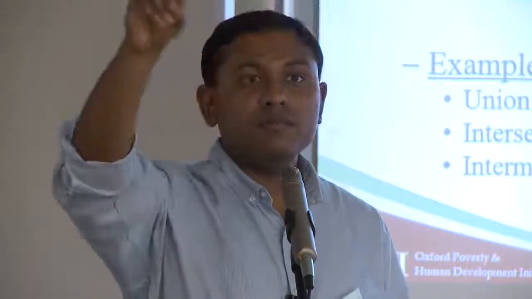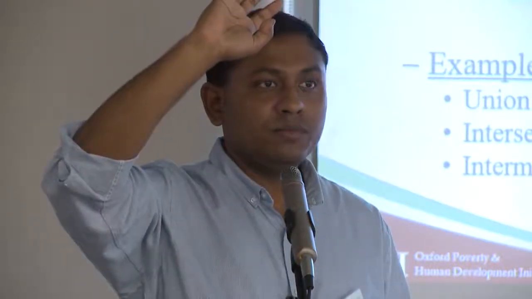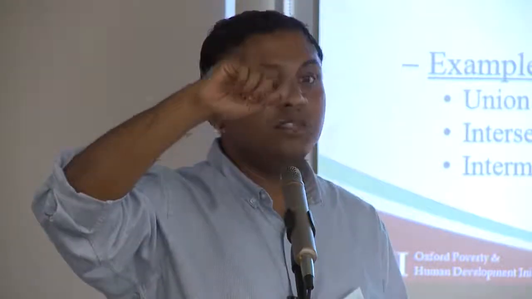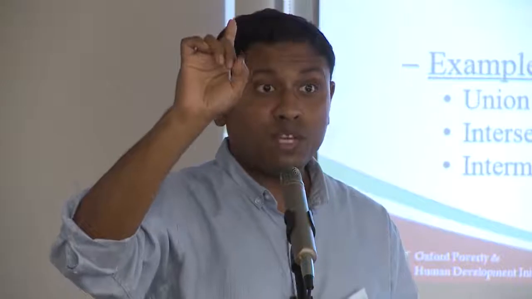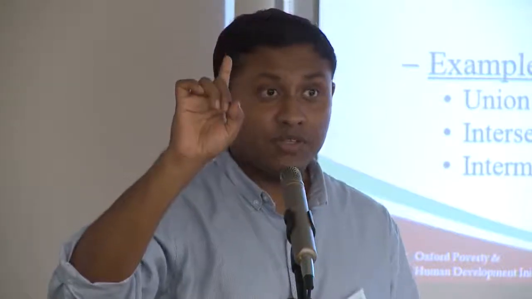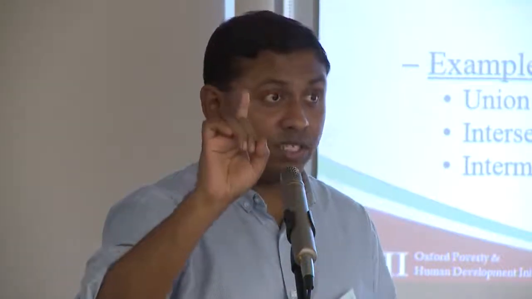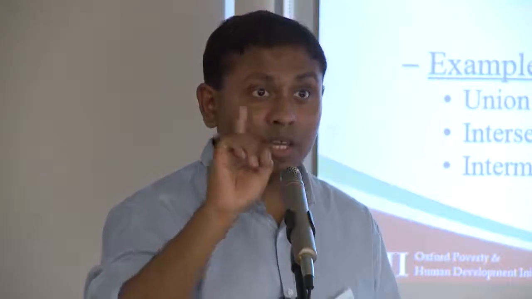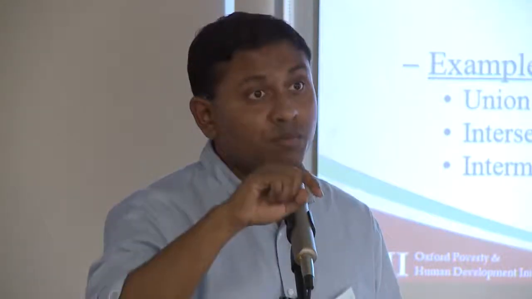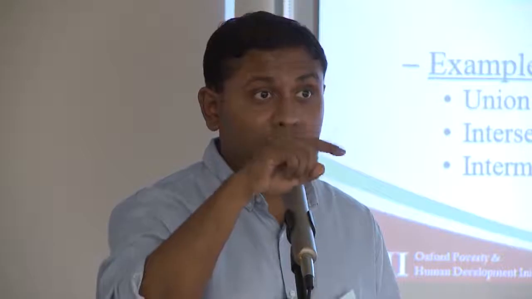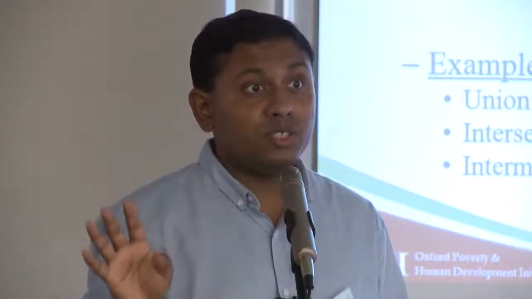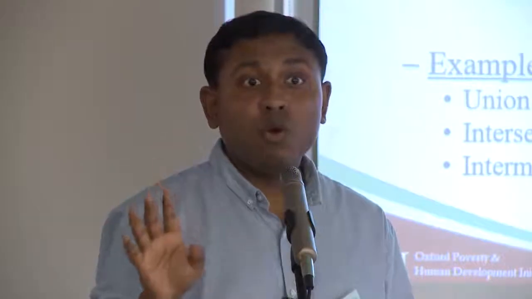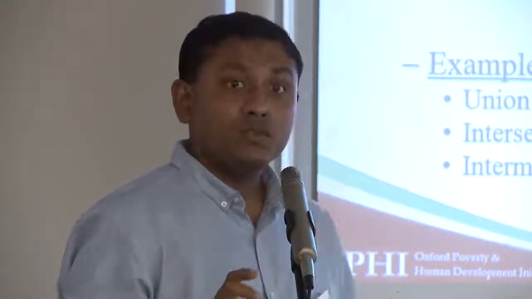Suppose you have 4 different dimensions and you identify if somebody is deprived. Deprivation and poor are not the same thing in the multidimensional context. In the single dimensional context, they are equivalent. But in the multidimensional context, a person may be deprived in a particular indicator or dimension, but whether the person is identified as poor or not depends on the criterion used.